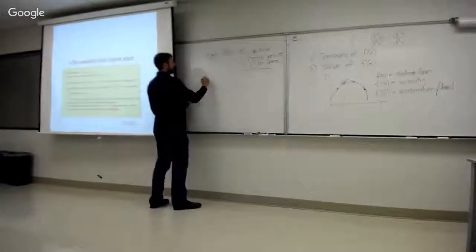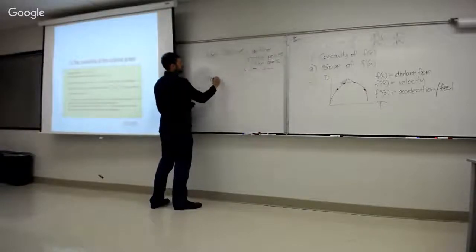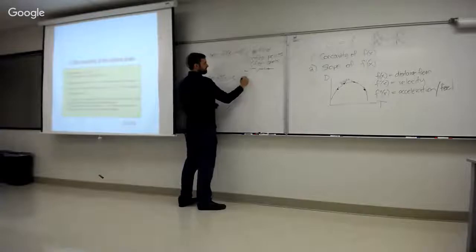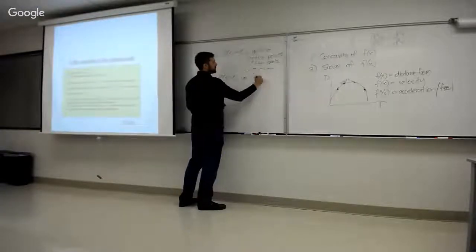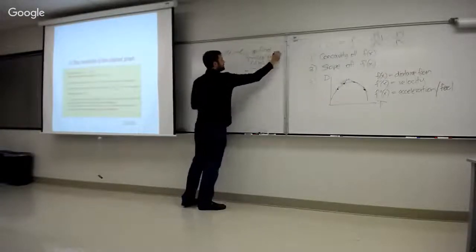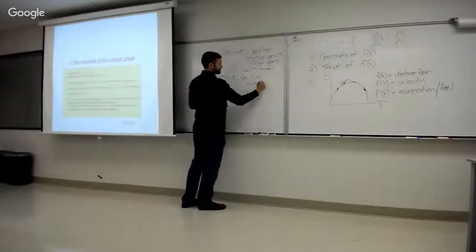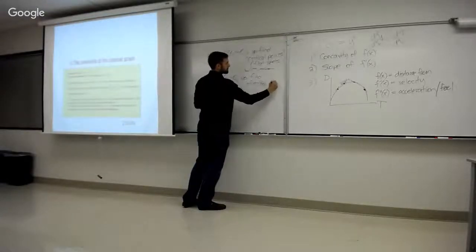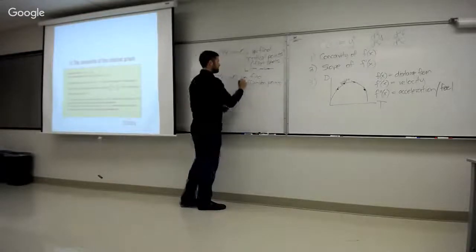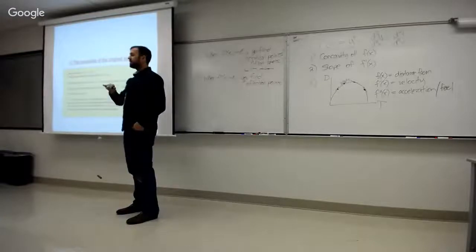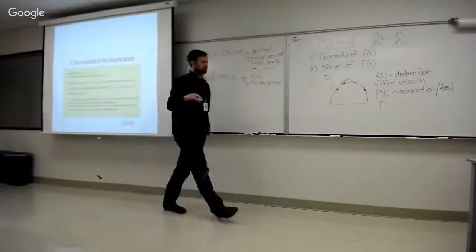On the other hand, when you set f double prime of x equal to 0, you find what are called inflection points. And an inflection point is when concavity changes.